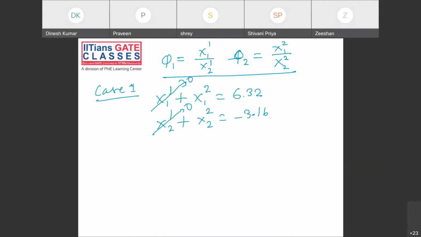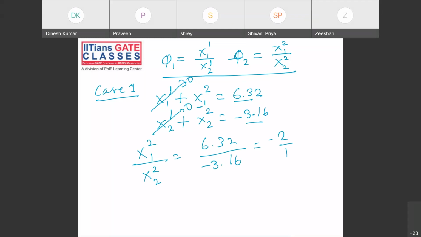Now guys, you know x12 and x22, and these values you know. So if you write the ratio x12 upon x22, how much does it come to? 6.32 upon minus 3.16. Can you guys tell me what ratio it will come? I think it will come to minus 2, right?